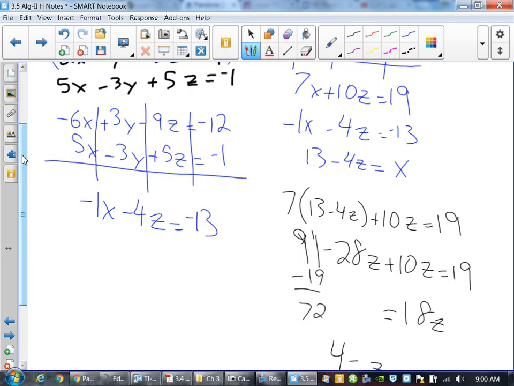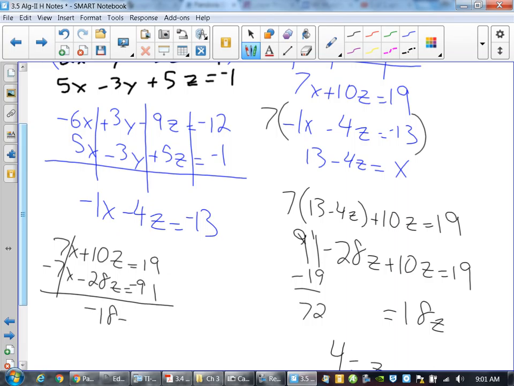So we have x. Did we find x yet? No, we haven't. Wait, wait, wait. Can you do it like multiplying the bottom by 7? Multiply the bottom by 7. So you get 7x, 10z, 19, negative 7x, negative 28, and negative 91.